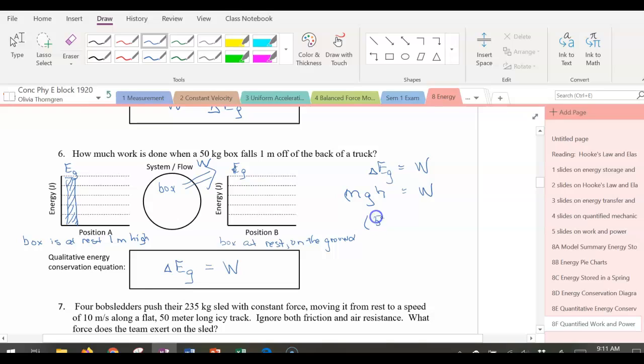As I plug in, I'm going to make sure everything is in standard units: 50 kilograms times 9.8 times 1 equals the work. And so we get that the work was 490 joules. And in this case, that much energy was removed from the system of the box.